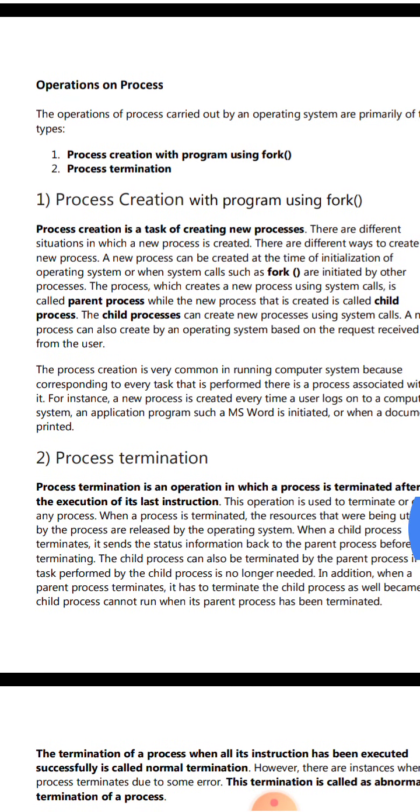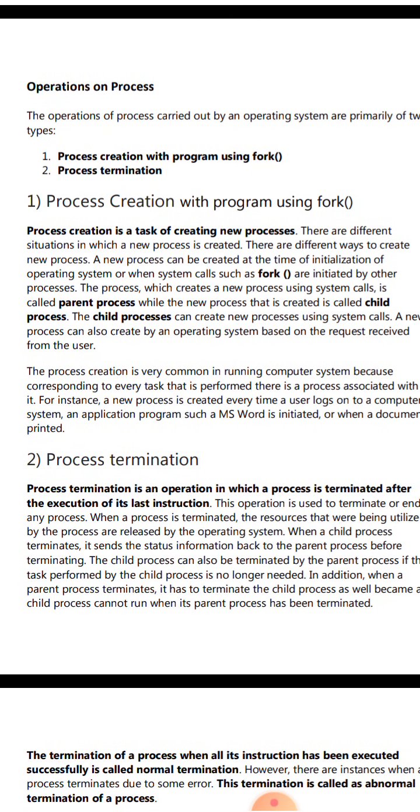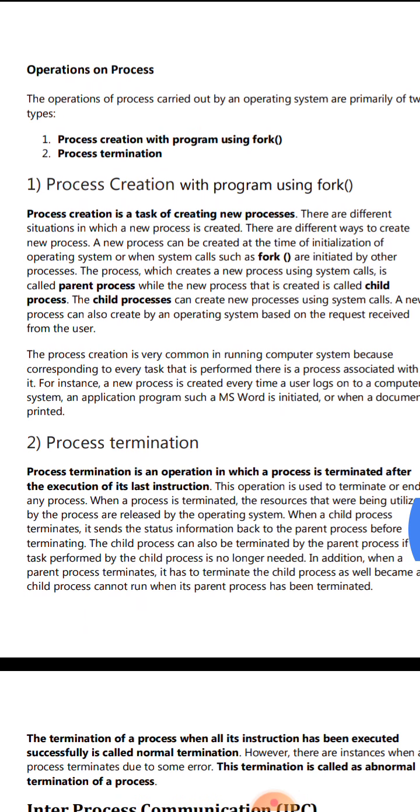Then the last point of this chapter is the operation on processes. There are two main operations that can be done on a process: process creation and process termination. Process creation means how to create a process. A process can be created by using the fork system call.